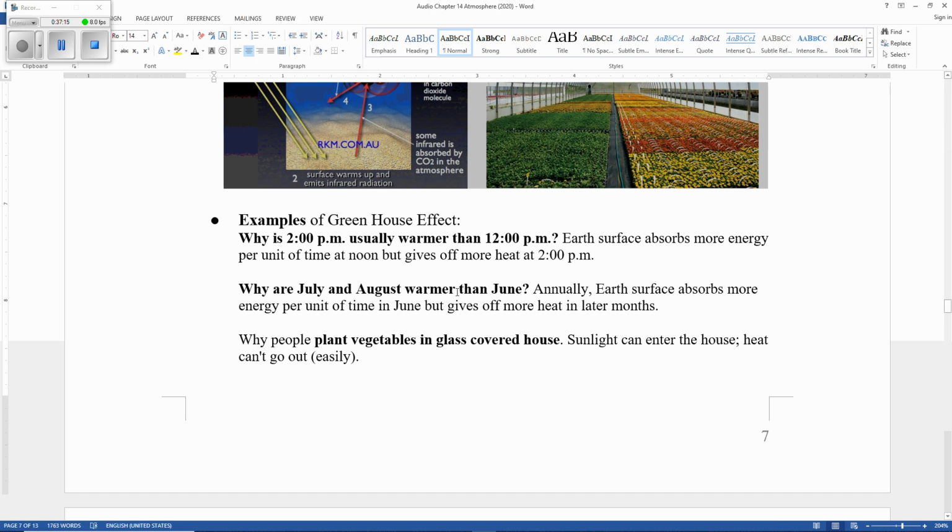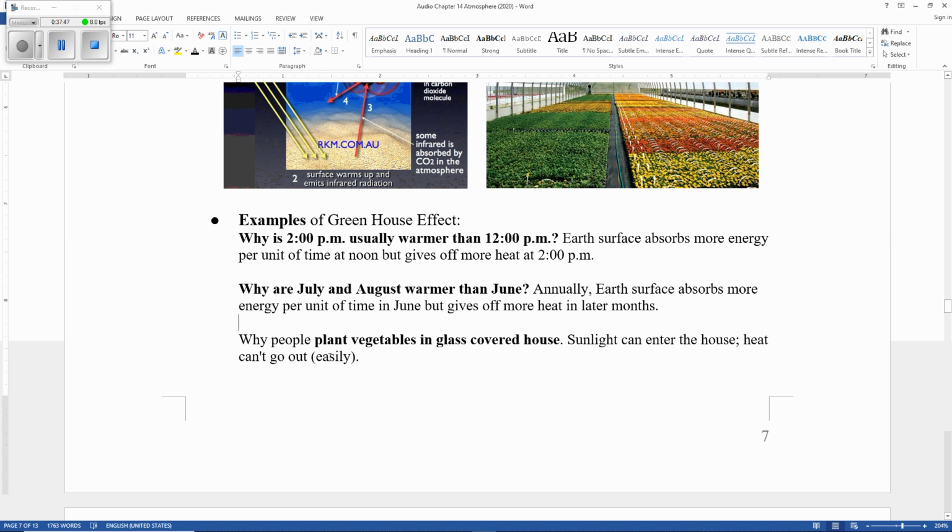More solar energy comes in June, but the Earth warms up first, and then July and August is the time when the Earth gives most energy back. So there is a time delay again, because of the greenhouse effect. That's why July and August are warmer than June.